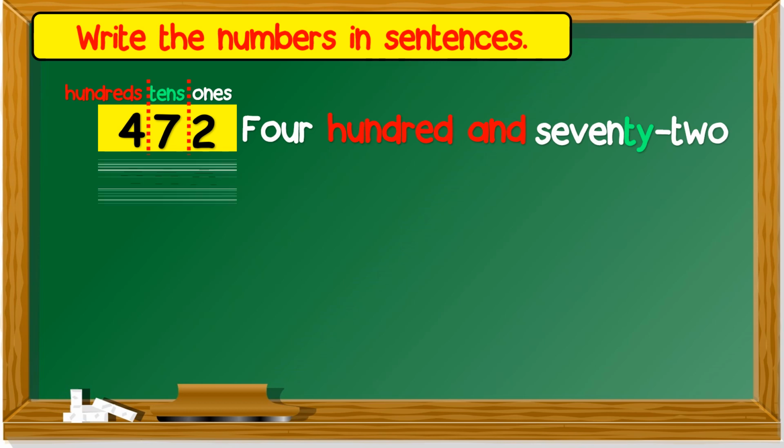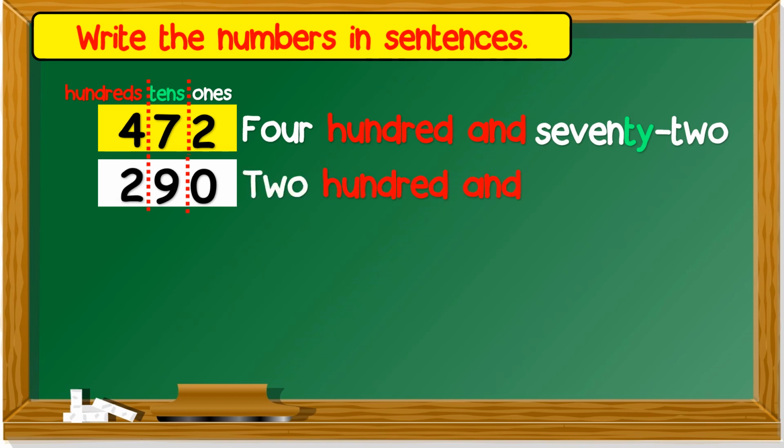Example number 2. Okay, first thing you do is you draw the 2 lines. Okay, in hundreds you have 2. So you write 2 hundreds, and tens you have 9. You write 90. Ones, nothing, 0.